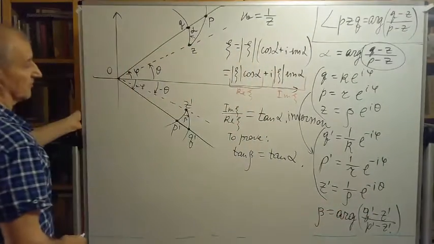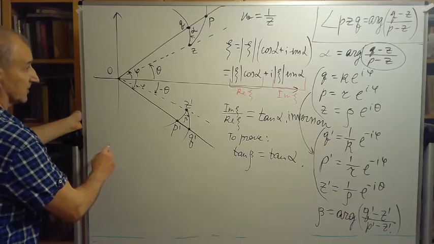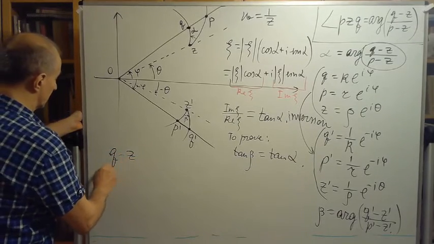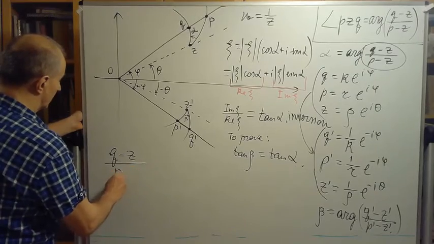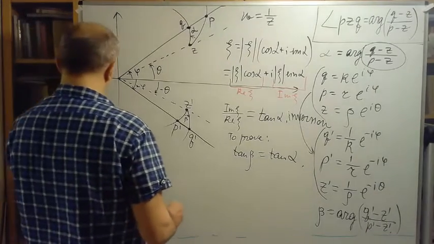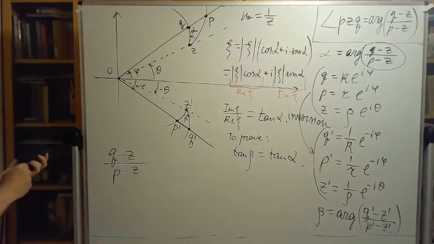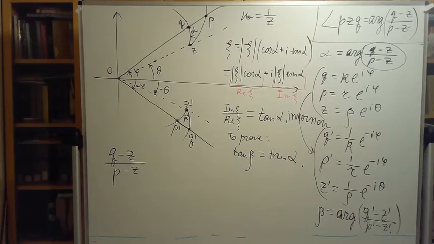It will be tangent of beta. Yes? So we will start with calculating the number Q minus Z over P minus Z. And then we will find from here tangent alpha. This will be the beginning of our calculation.